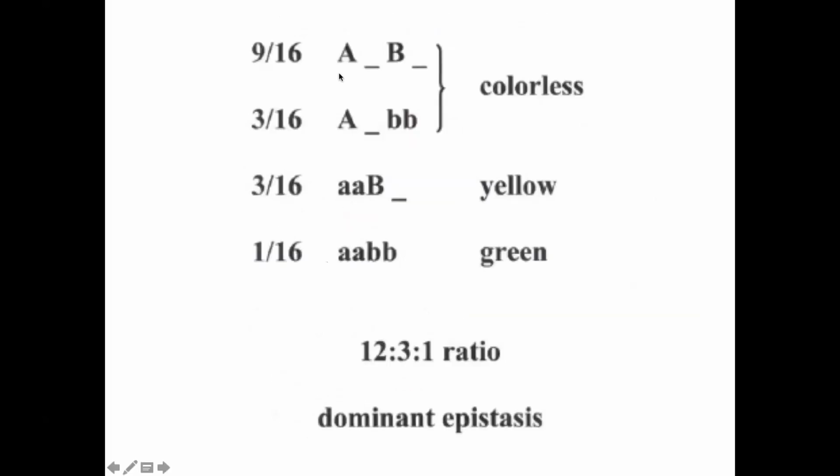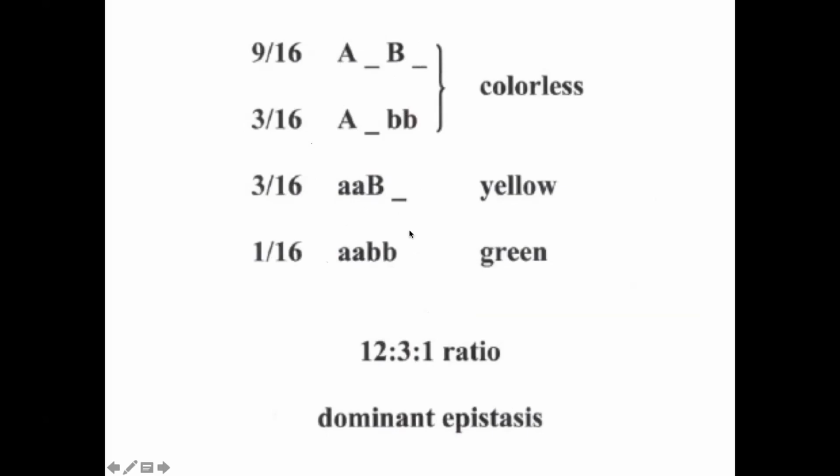So again, dominant A acts epistatically on B. It doesn't matter what alleles you carry at the B gene, you're going to be colorless or white. When you're homozygous recessive for A, then you can get color. And again, the color depends on whatever alleles you're carrying at the B gene.